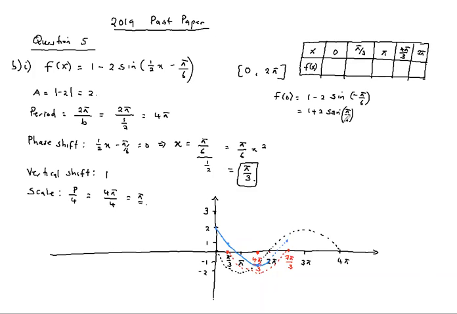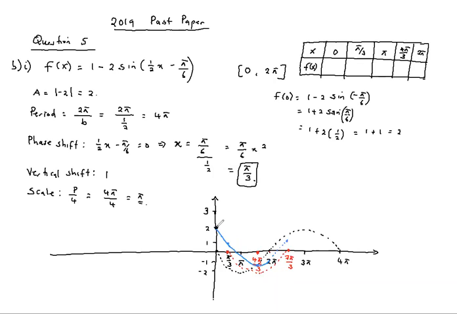So when there's a negative inside the angle, the negative can come out. So it will make the negative 2 plus. So this is 1 plus 2 sine 30. Sine 30 is half. So you have 1 plus 1, which is 2. And that's why we have this 2 here.